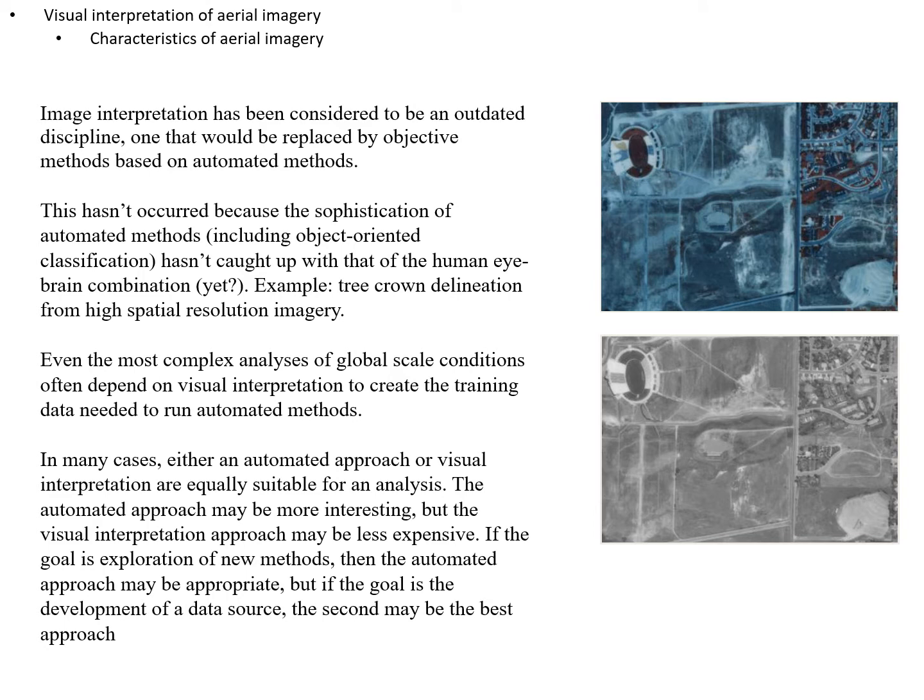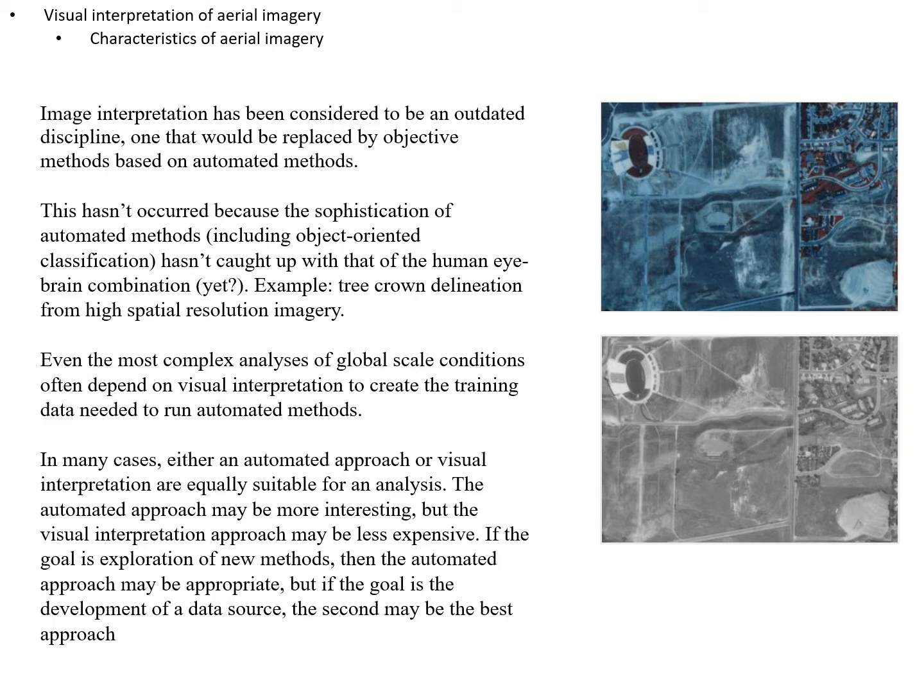For a while, I think image interpretation had a bad rep, as an outdated discipline that would be replaced by objective methods based on automated methods. That really hasn't occurred because the sophistication of automated methods, including things like object-oriented classification, hasn't caught up with that of the human eye-brain combination, or at least it hasn't caught up to it yet.